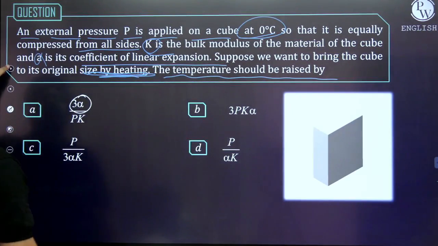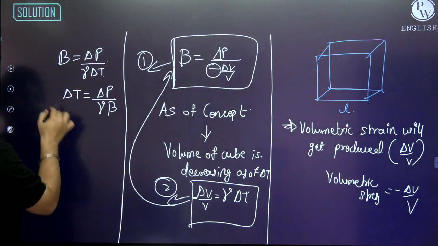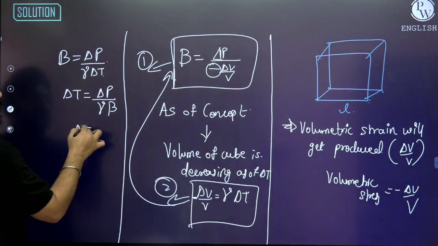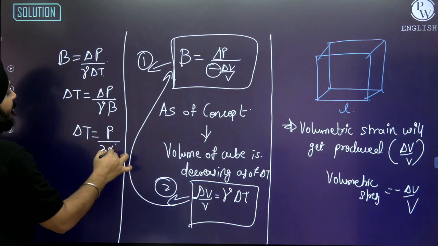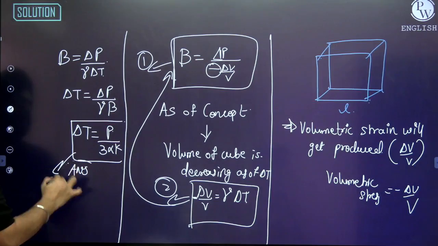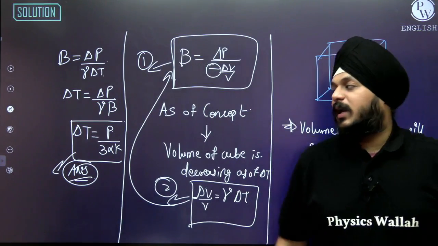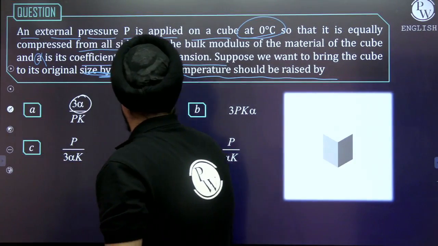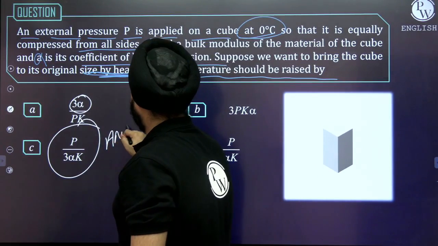So we are just going to replace it. The change in temperature, delta T, will be equivalent to delta P divided by 3 alpha K. This is the perfect answer for this specific question: P by 3 alpha K. C is the answer.